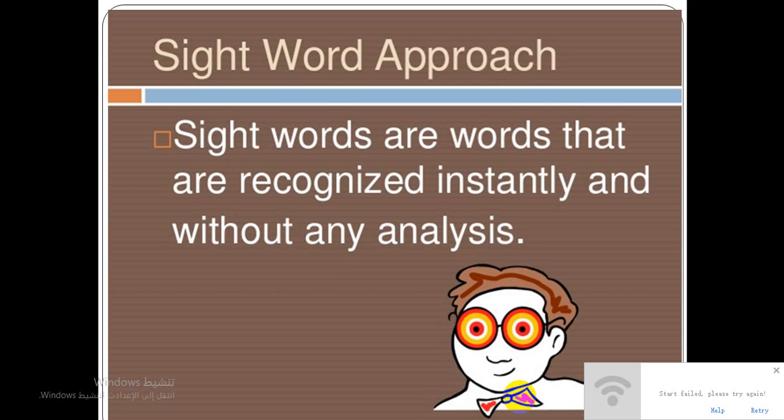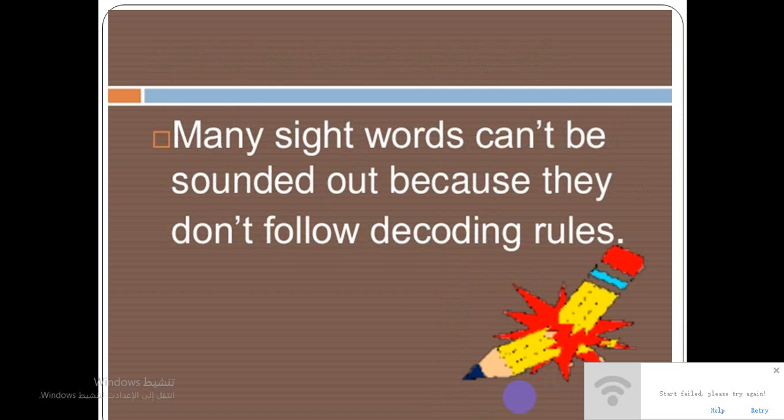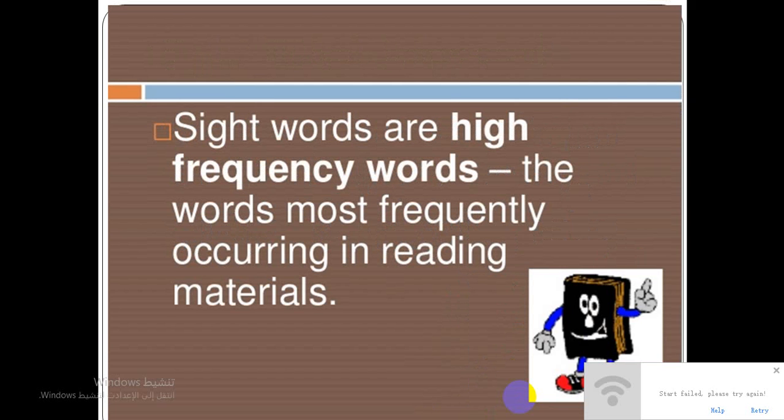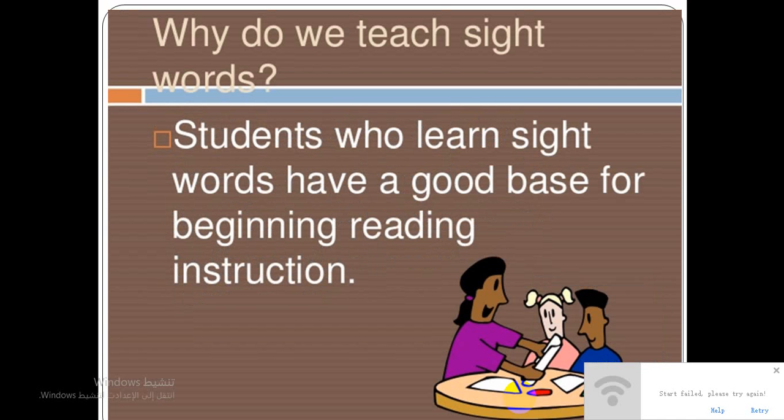Sight words are words that are recognized instantly and without any analysis. Many sight words can't be sounded out because they don't follow decoding rules. Sight words are high-frequency words, the words most frequently occurring in reading materials.